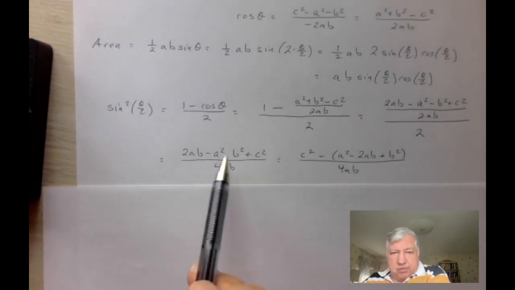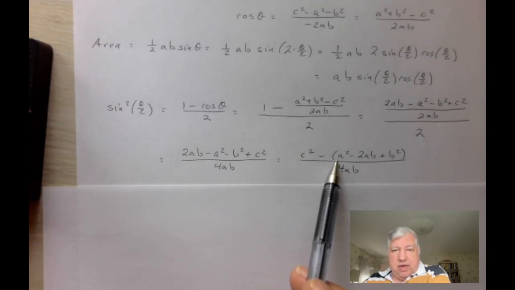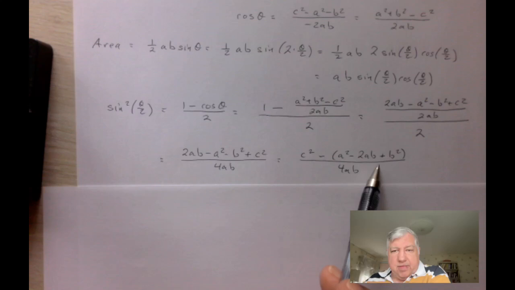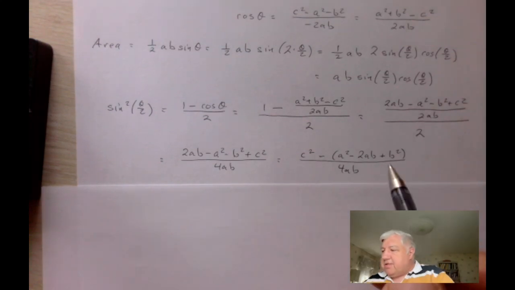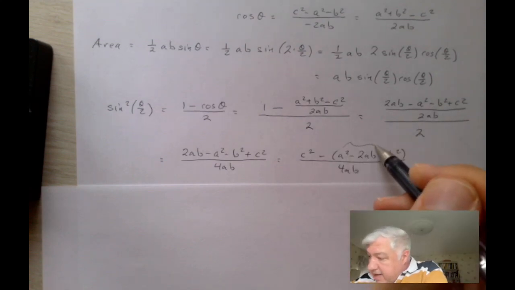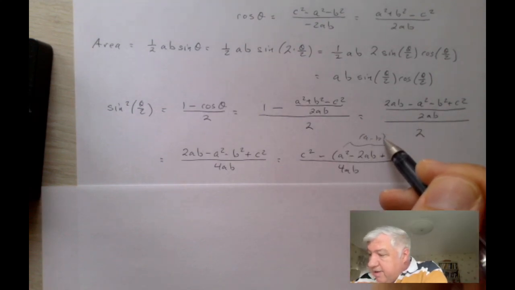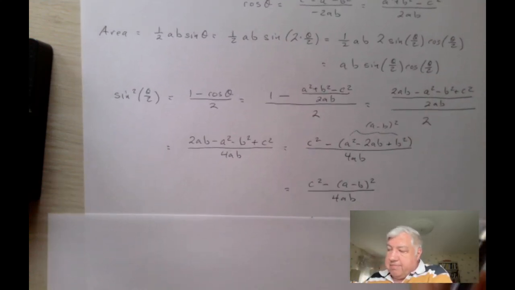We can rearrange some terms and get c squared minus the quantity a squared minus 2ab plus b squared in the numerator. The reason we do this is that, even if you're not great at algebra, you should recognize this is the same thing as a minus b quantity squared.